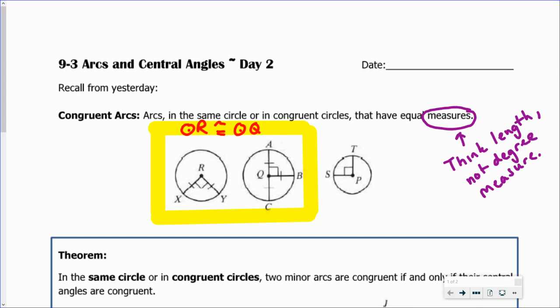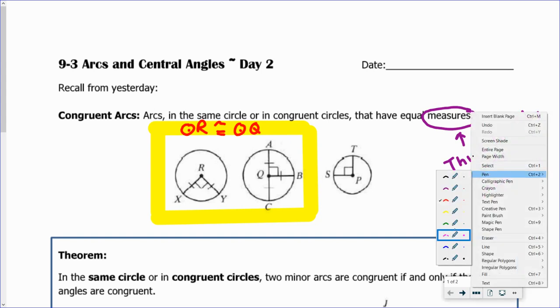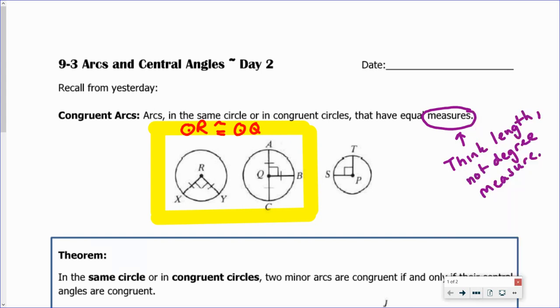So if we look at this diagram, there are a few arcs that have the same central angle. So if we take a look, this arc right here is a 90-degree central angle. This arc here has a 90-degree central angle. Same thing with BC.